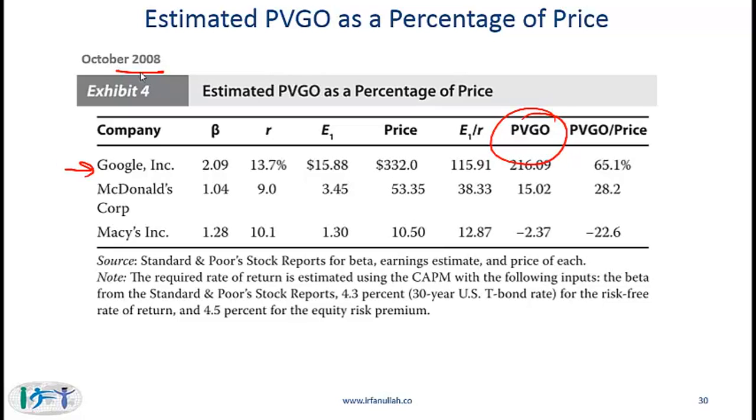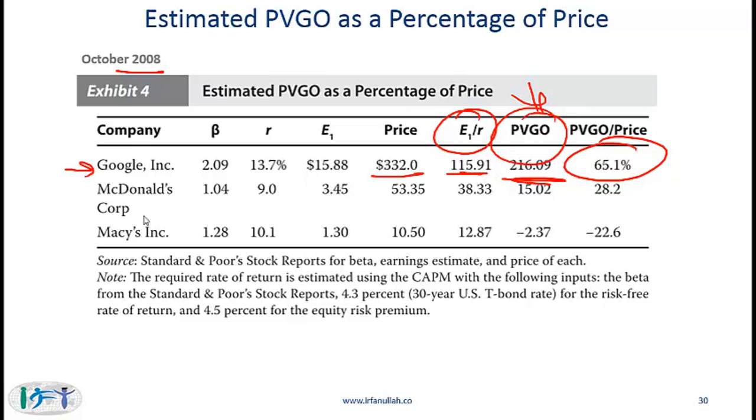In October 2008, Google stock price was 332. E over R was 115, which meant that the component of the price given by the present value of growth opportunities was 216, or roughly 65% of the overall price.